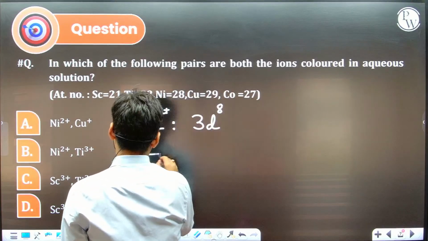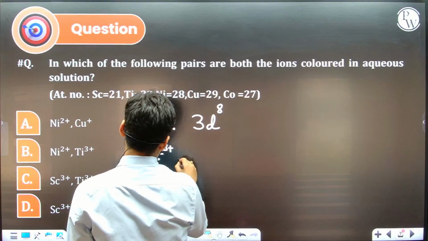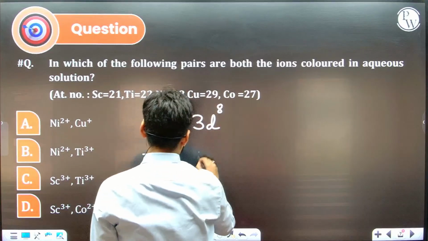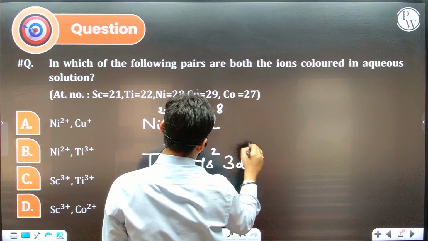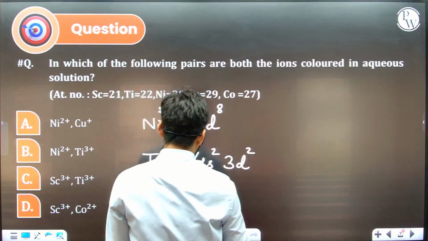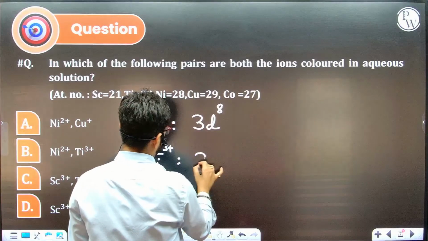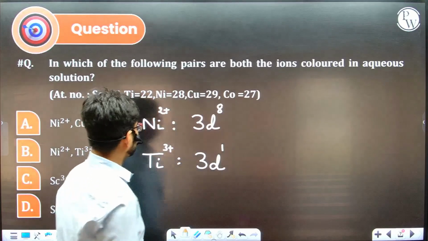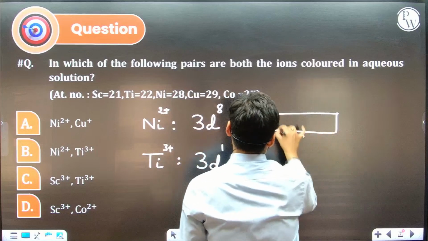Similarly, let's talk about Ti3+. Ti is titanium. Atomic number is 22, so 4s2 3d2. But then it is +3, so I have to remove 2 electrons from 4s and 1 from d. So I'll be left with this. 3d8 will be shown like this.